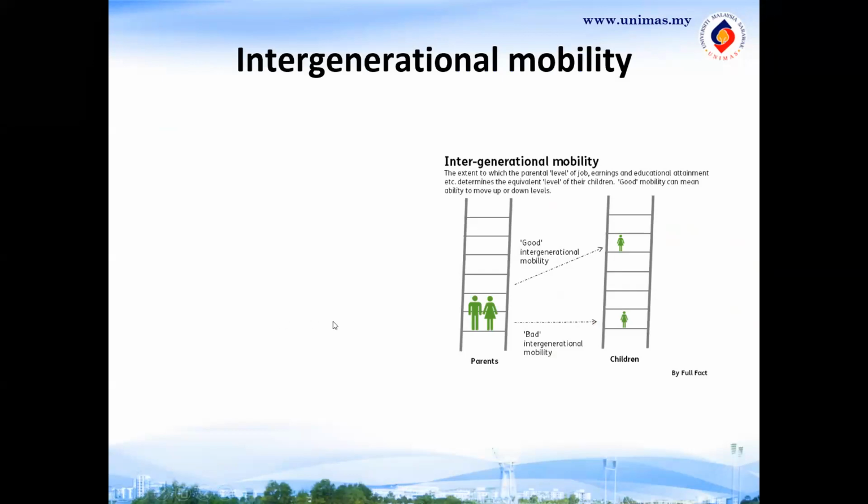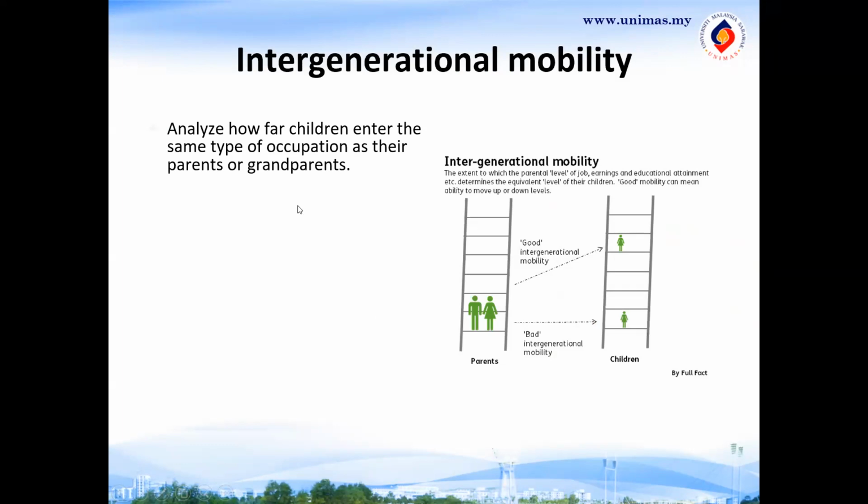Okay, the intergenerational mobility refers to the difference between the earlier generation and the present generation, for example. For example, our children, how far children enter the same type of occupation as their parents or grandparents.